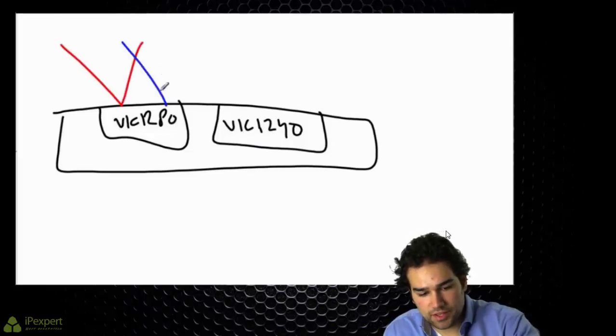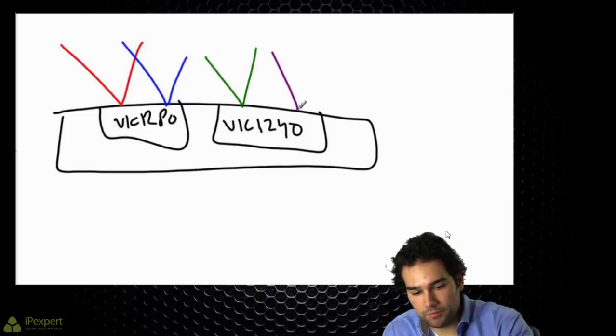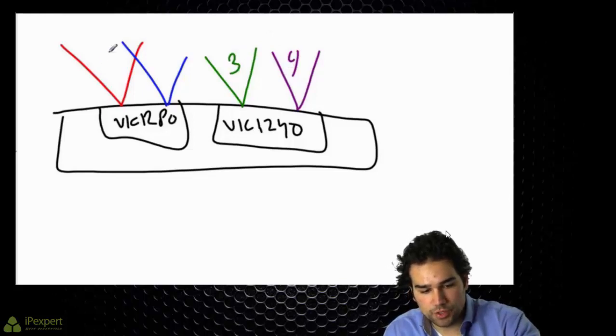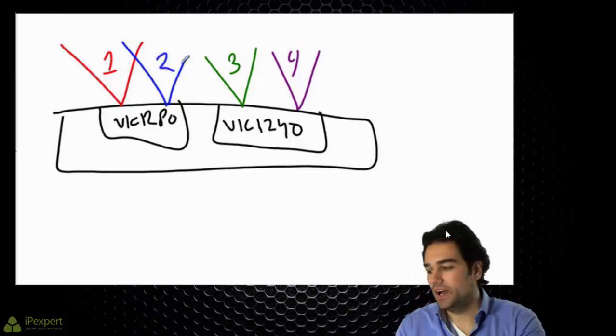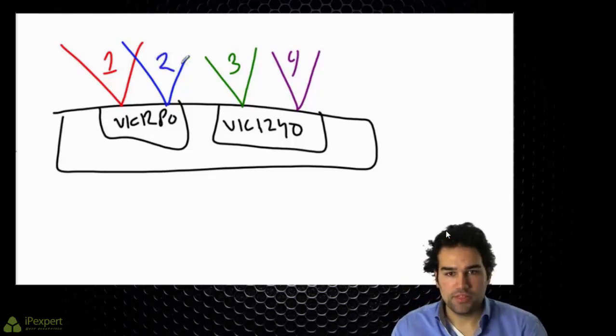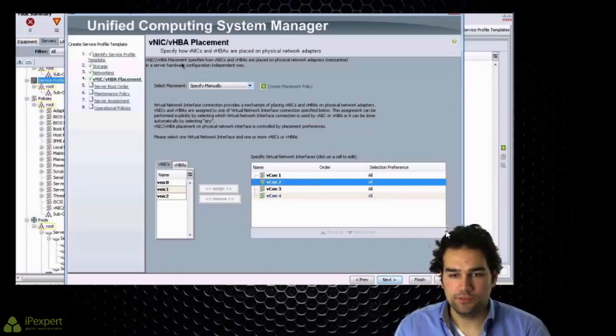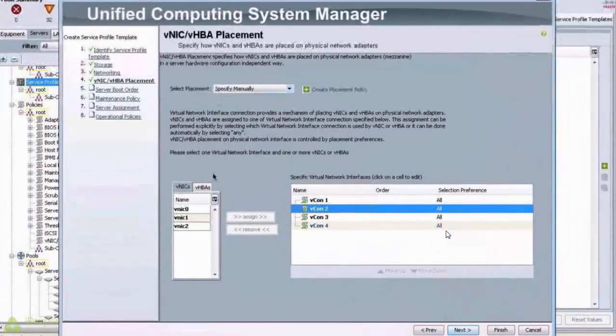I have a second A and B path. I have a third A and B path and a fourth A and B path. And this is going to be VCon 4, VCon 3. Actually, do not pay attention to the numbers because they will be a little bit different. But this is my 4 VCon groups. And that's how that's mapped here to those 4 VCon groups.